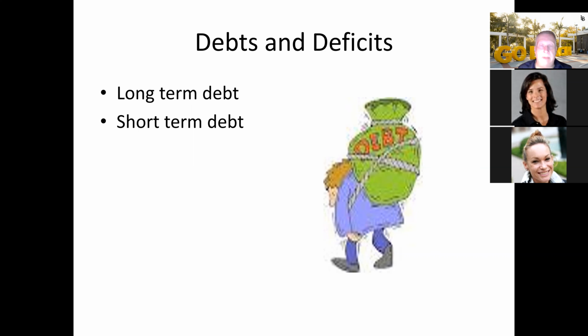The problem with a general obligation bond, though, is that you have to secure voter approval. And there are two different types of bonds. There are what are called Prop 46 bonds and Prop 39 bonds. A Prop 46 bond will require a 2/3 voter majority in order to pass that general obligation bond. Now, you can imagine how difficult it is to get a 60%, 67% approval from your voters.